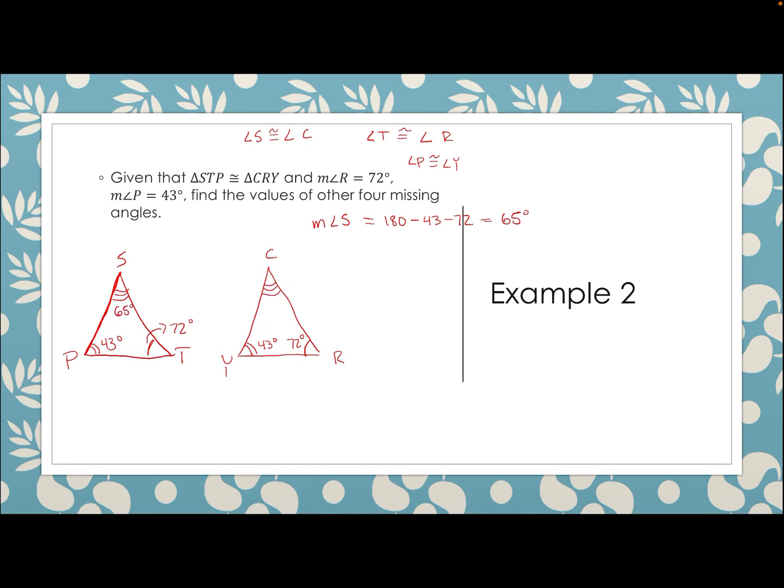That means that angle C is also 65 degrees. So we needed to find S, T, Y, and C, and we found all of those angles. We got 65, 72, 43. And again, we used the congruency statement to help us out with that.